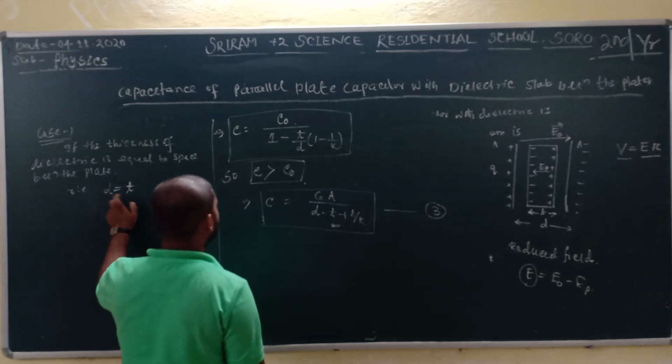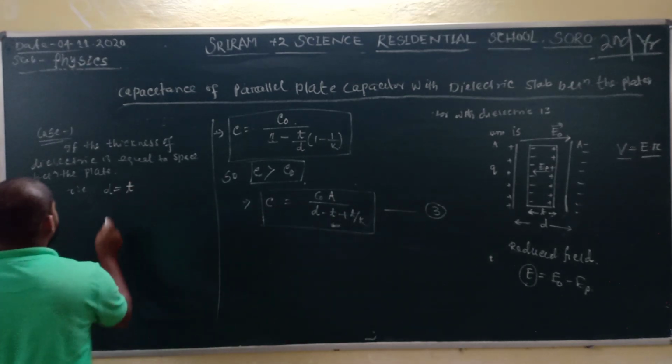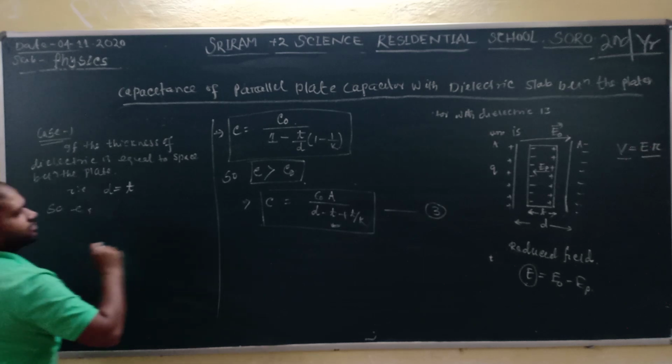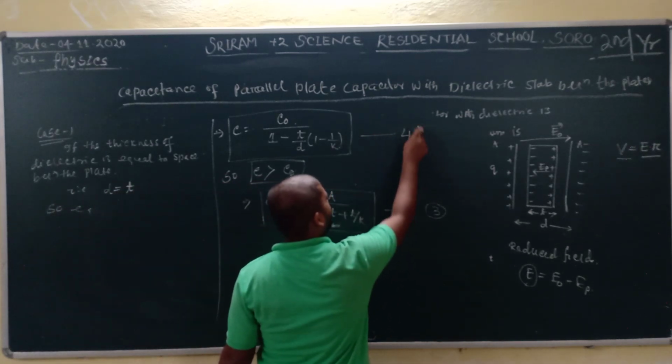So if you substitute D equals T here, put this as equation number 4.